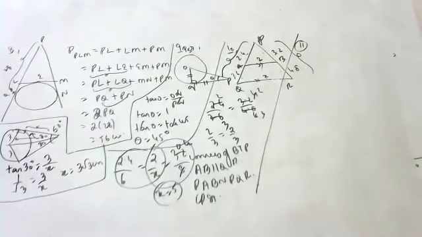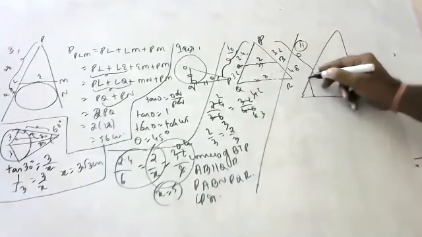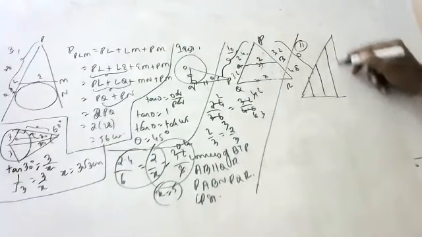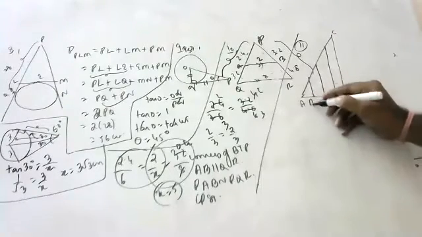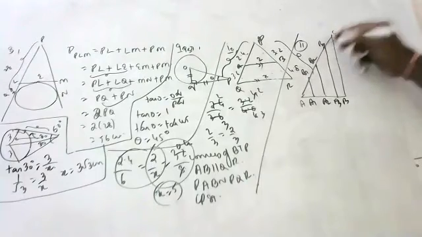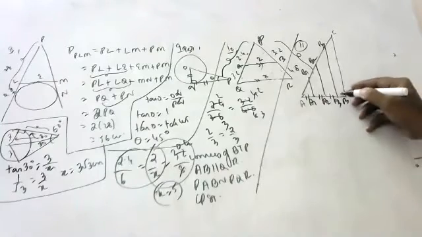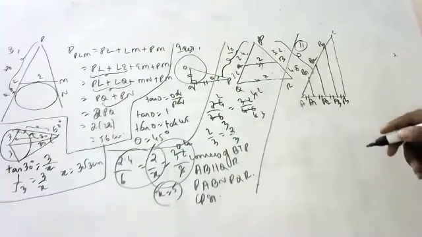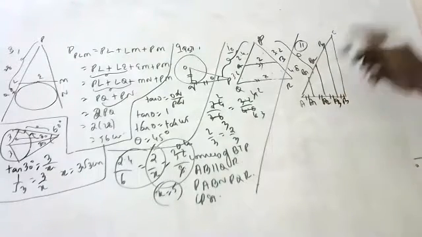Children, they have given a figure like this. Please try to understand. A, B, C, A1, A2, A3, B1. A1B1 is parallel to CB. They both are parallel.